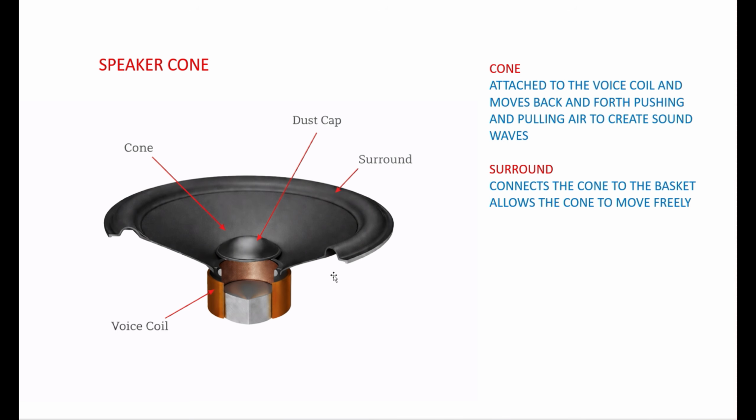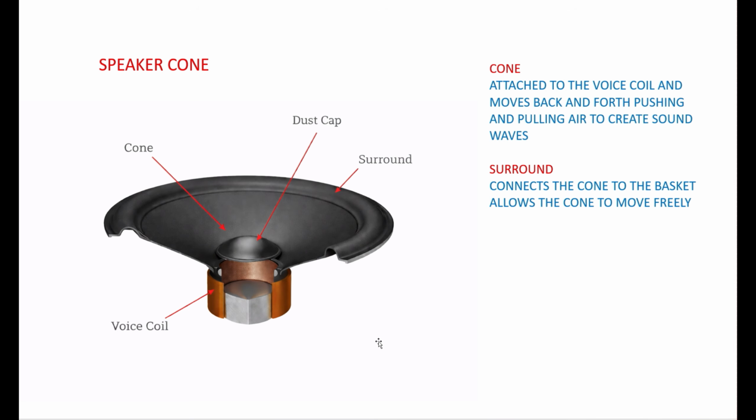It's the outer edge of the cone, and you can see it's got an arch shaped cross section. Sometimes there's one arch, sometimes two, sometimes it's all fluted, different types of surrounds, but they all do the same thing, and that's to connect the cone to the basket and to allow the cone to move freely. It's the surround that actually allows the cone to flex.